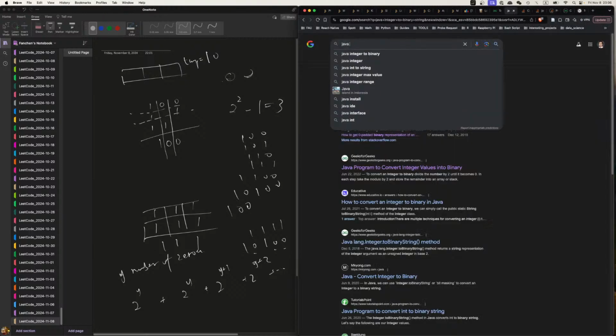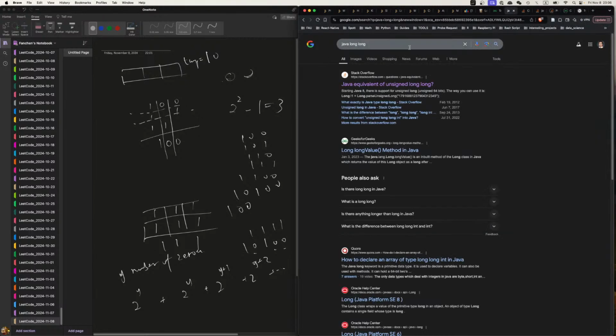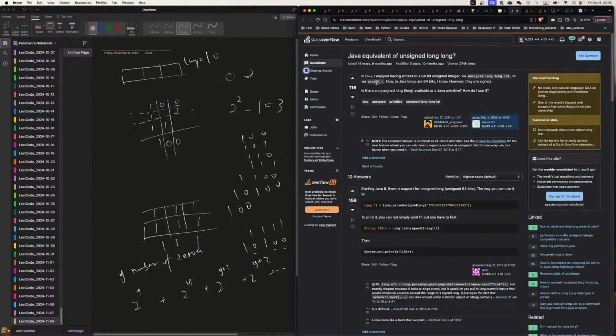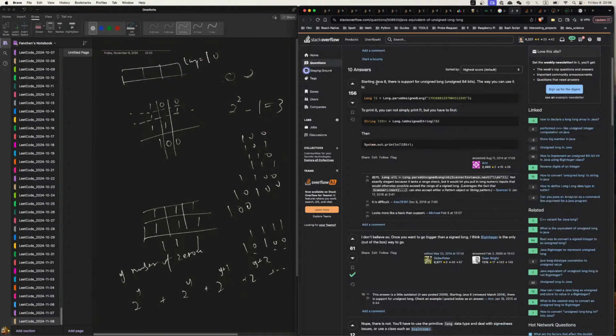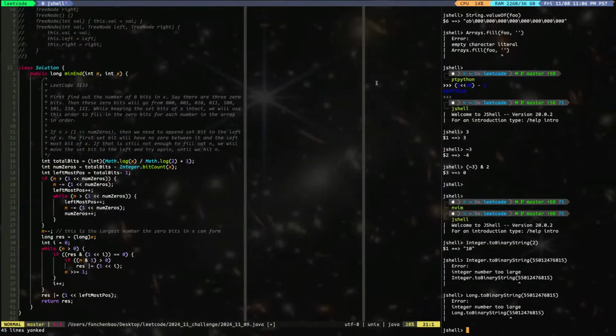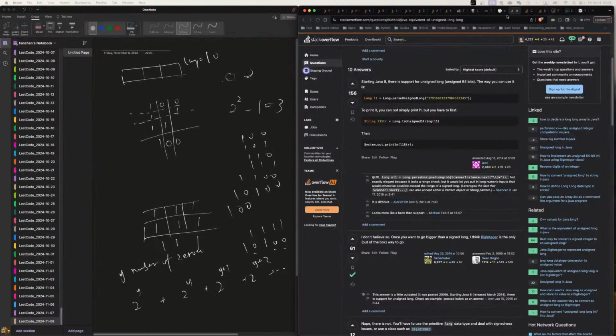And remember, Java doesn't have long, right? But why is it integer number too large? Huh?